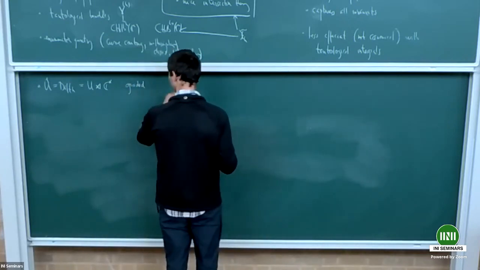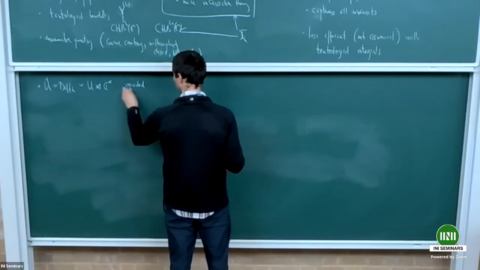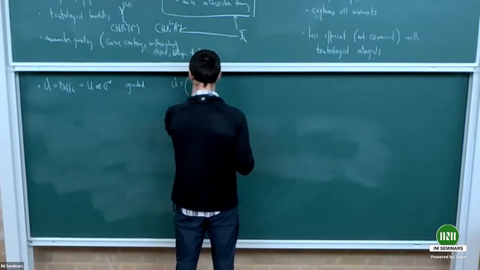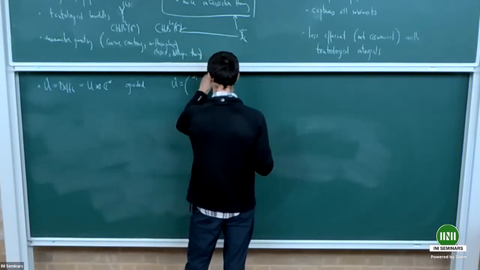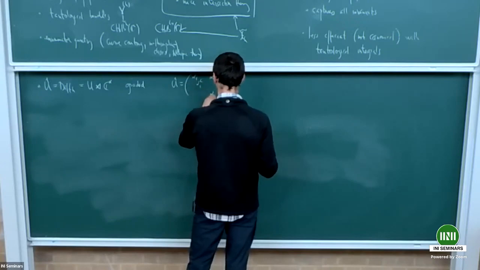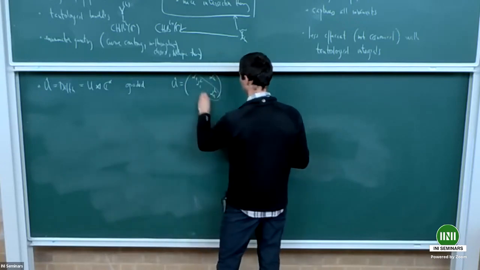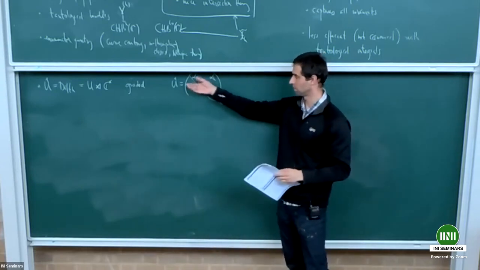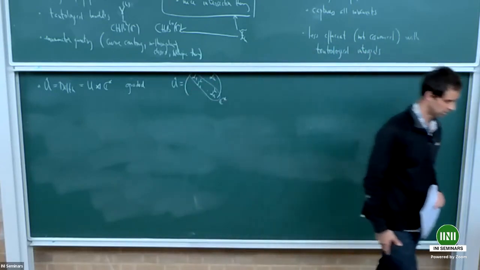So remember that U hat was this group where you have alpha 1 up to alpha k here, alpha 1 squared, alpha 1 to the k. So that's the diagonal part. This is your C star. And if you take alpha 1 equals 1, that gives you the U, the unipotent radical.